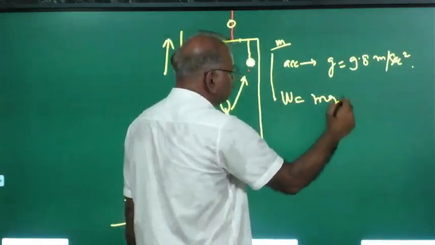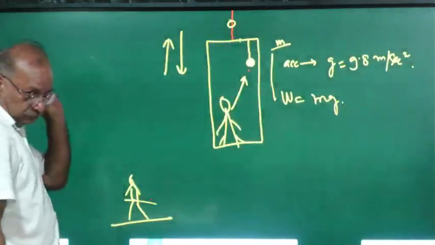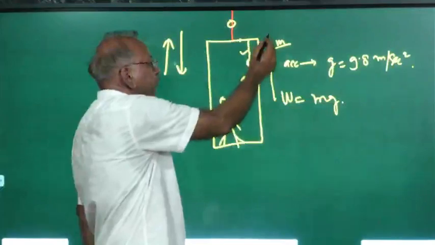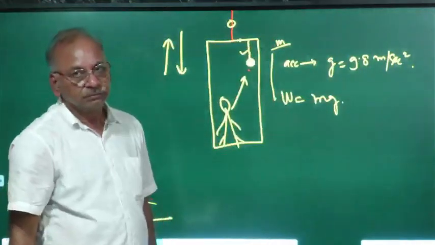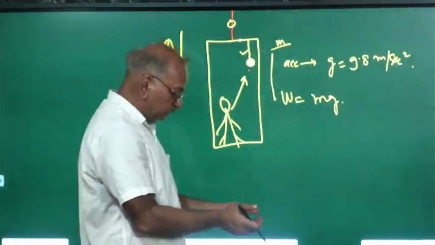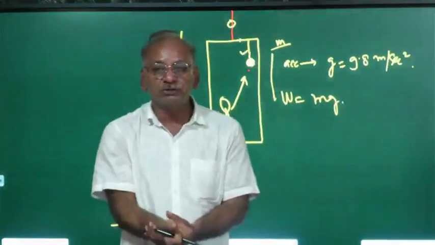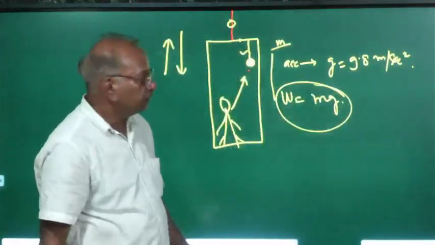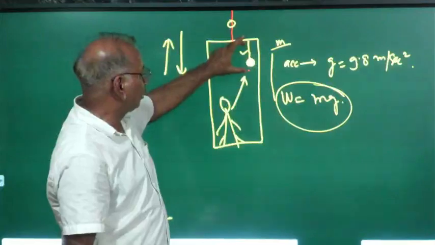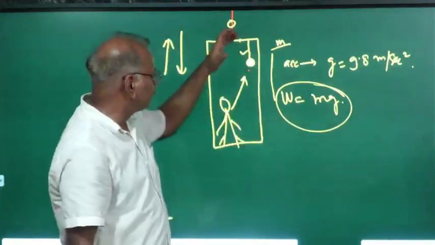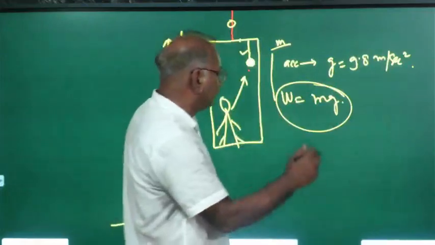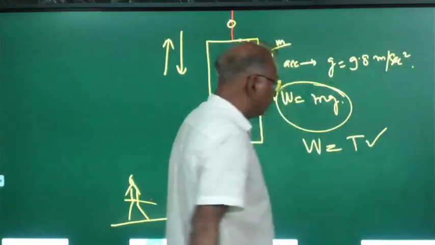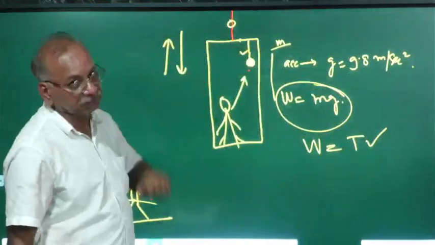M into g, and it is balanced by this rope, this string. This string applies an equal and opposite force to this weight, so that it is held securely and is at rest inside this cabin. In that case, the weight will be equal to the tension or tensile force applied by this string.